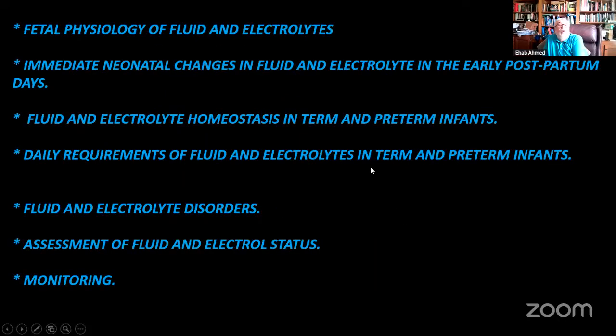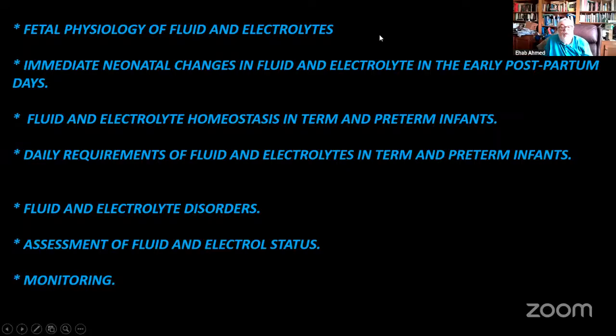And because we are going to discuss fluid and electrolytes in the newborn baby, which is either term or preterm, the preterm could be at any gestational age, starting from 22 to 37 weeks. So each preterm baby is at a certain stage of the fetal physiology in utero.